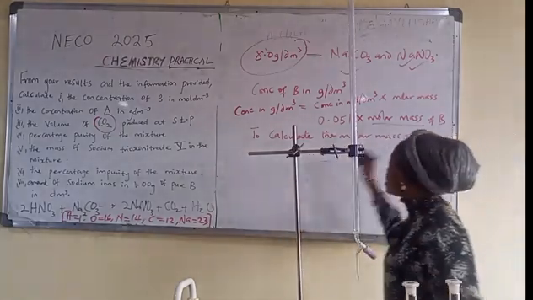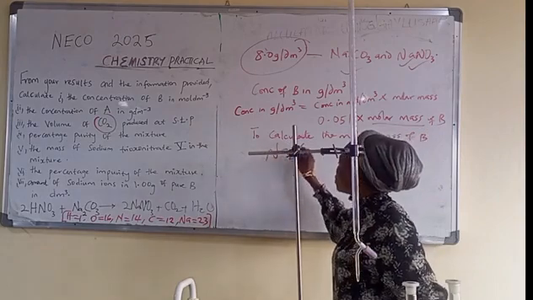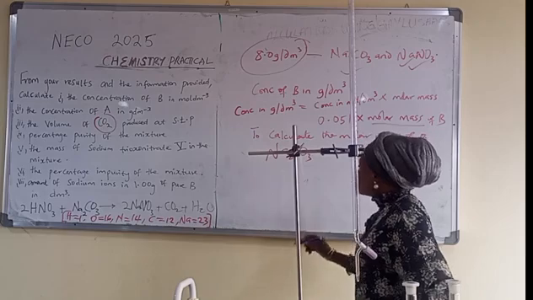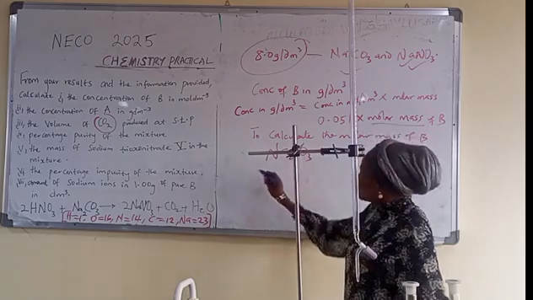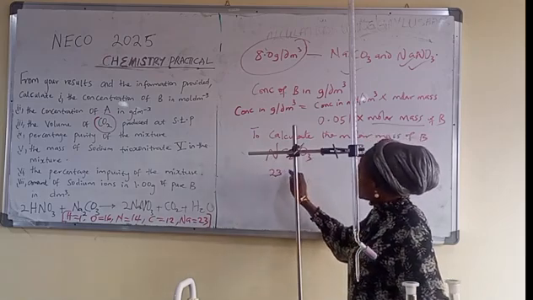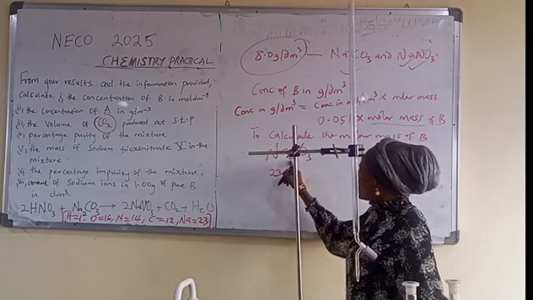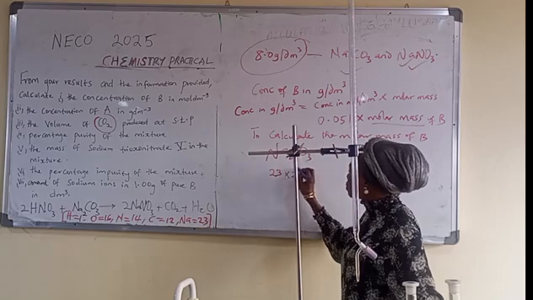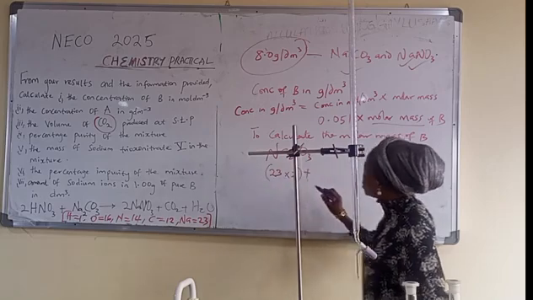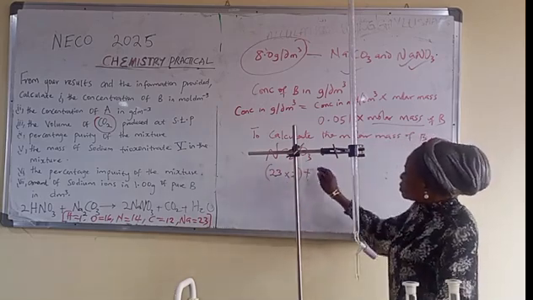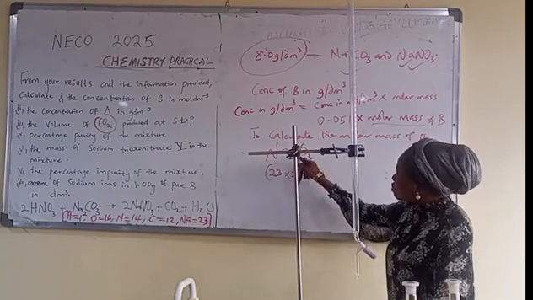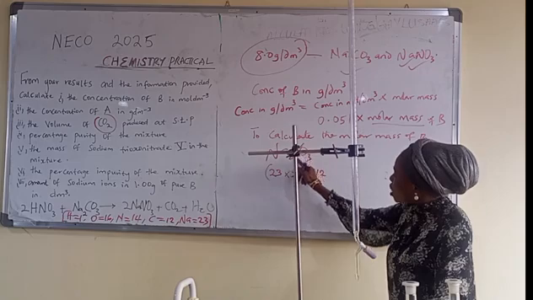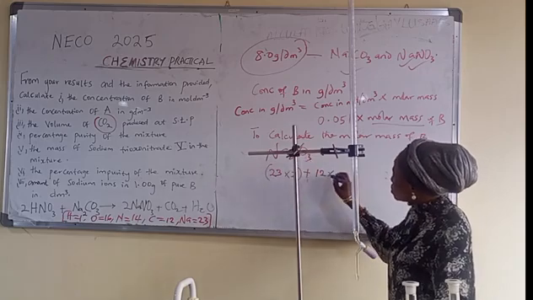So you have your base is Na2CO3. So it has to be sodium is 23, number of atoms 2, times 2, plus carbon 12. See, number of atoms 1. Once something is 1, it is not necessary to write it.